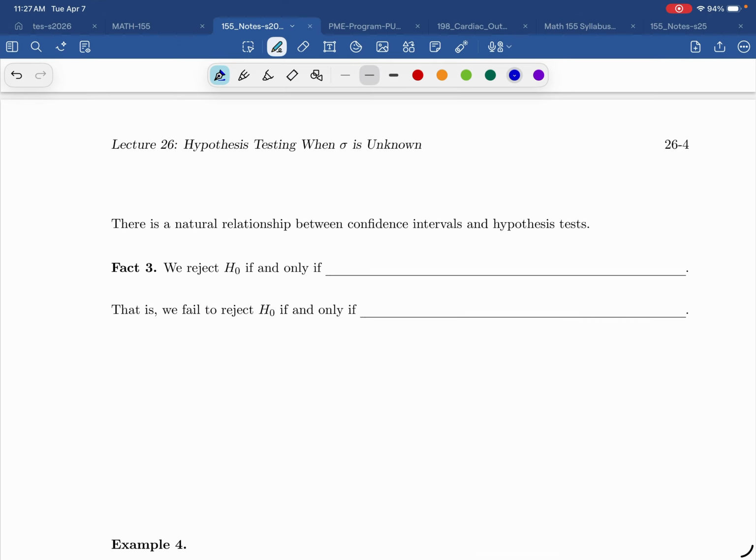We reject the null hypothesis if and only if the hypothesized value of mu is outside our confidence interval.